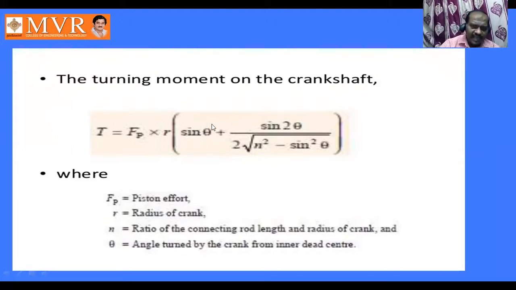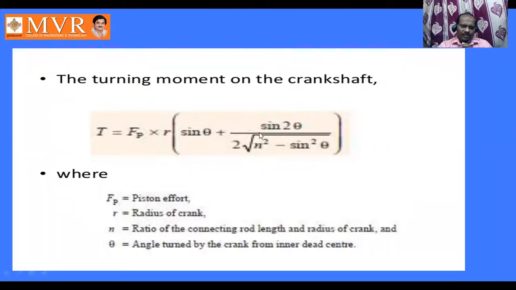If the angle is 45 degrees, what is the value of sine 45? The sine value is half. For example, sine 30 is 0.5.